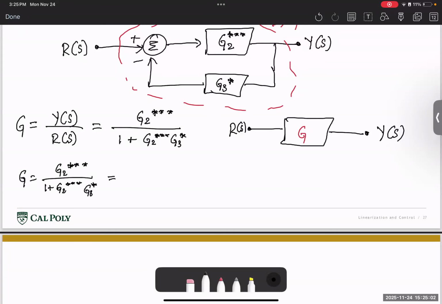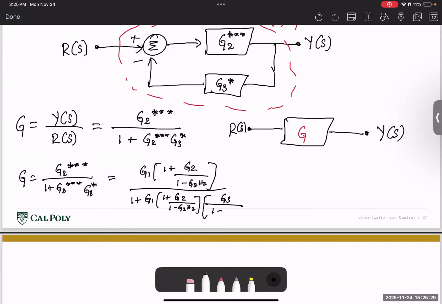which, substituting for all of those values, we get G1 times 1 plus G2 divided by 1 minus G2H2, this in the numerator, divided by 1 plus G1 times 1 plus G2 divided by 1 minus G2H2 times G3 divided by 1 minus G3H3. Basically, I'm substituting for all G2 star, G2 double star, G2 triple star, and G3 star.